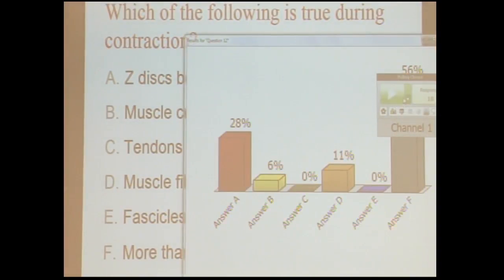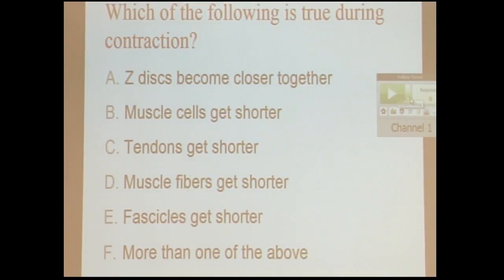All right, so chat with your group there. And if you choose F, make sure you know which ones you think it is.